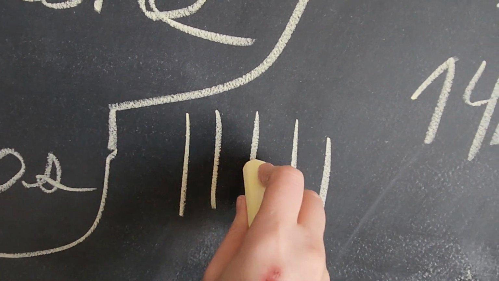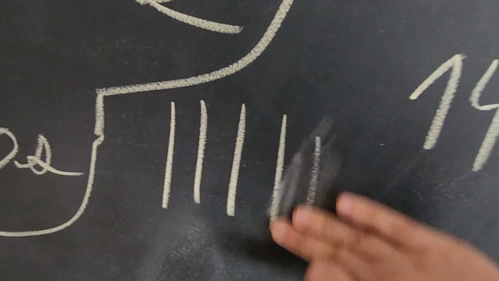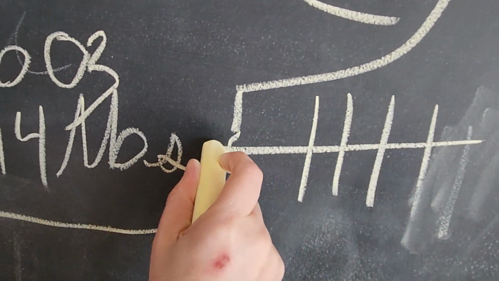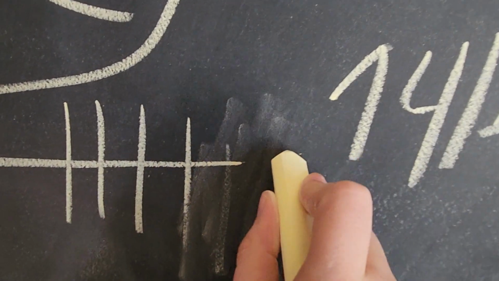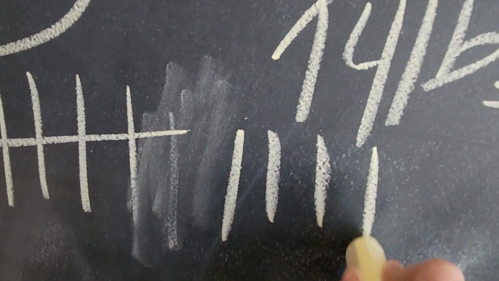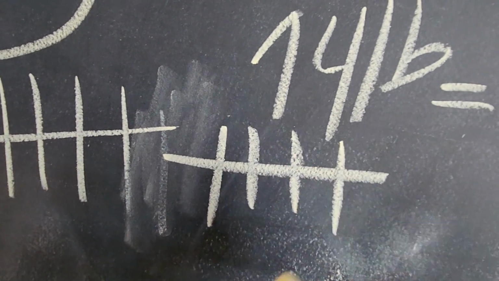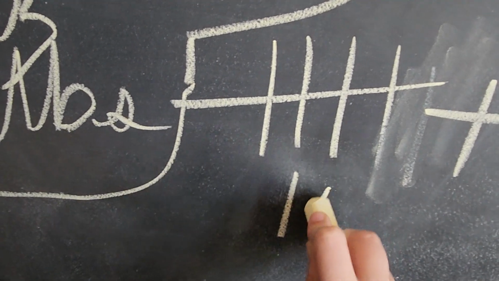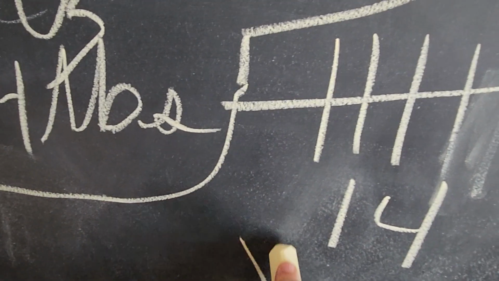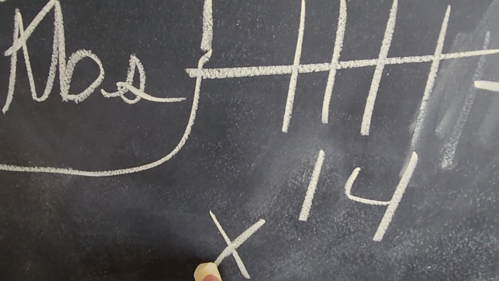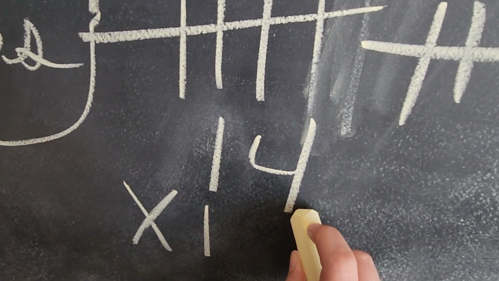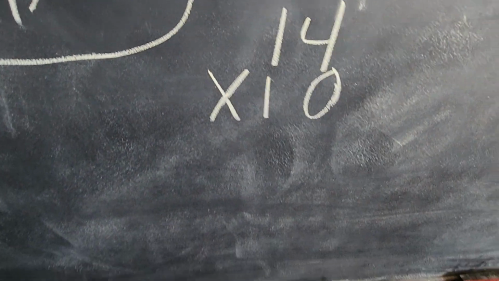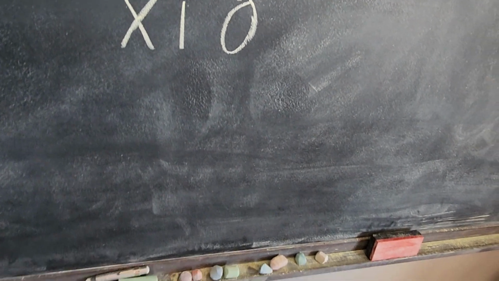That's 1, 2, 3, 4, 5. So that's 10. I think you multiply it by 10. Okay, so there should be enough room to do my work.